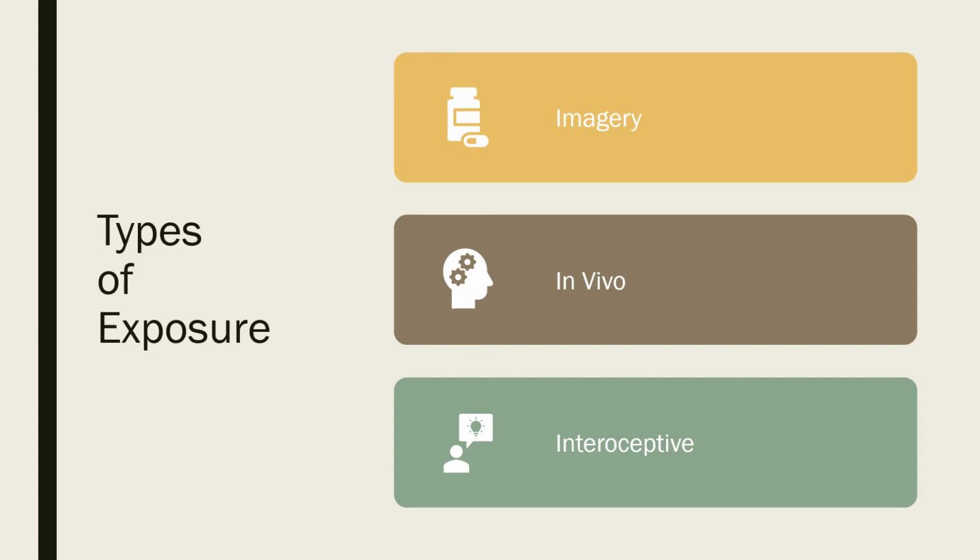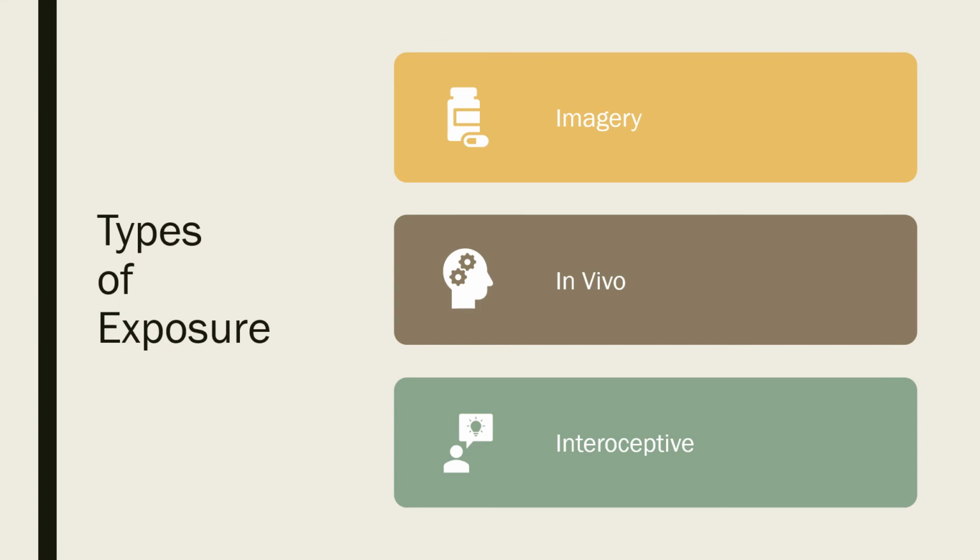Interoceptive exposure is frequently used to treat panic disorder. You learned that based on the cognitive model of panic disorder, one of the central mechanisms that maintain panic disorder is misinterpretation of physical symptoms of anxiety.